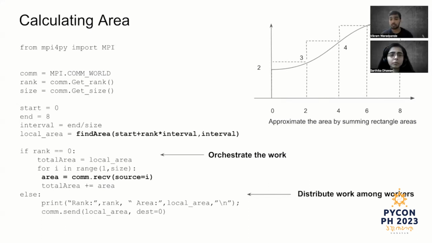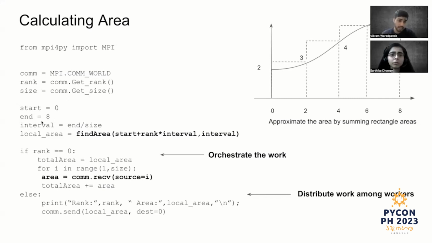In this case, I assume there's a function called find area, which takes in 2 parameters. The first parameter is the interval, that is, what's the interval length of each of the intervals? In our case, the size is 4 and the end is 8 because it ends at 8.